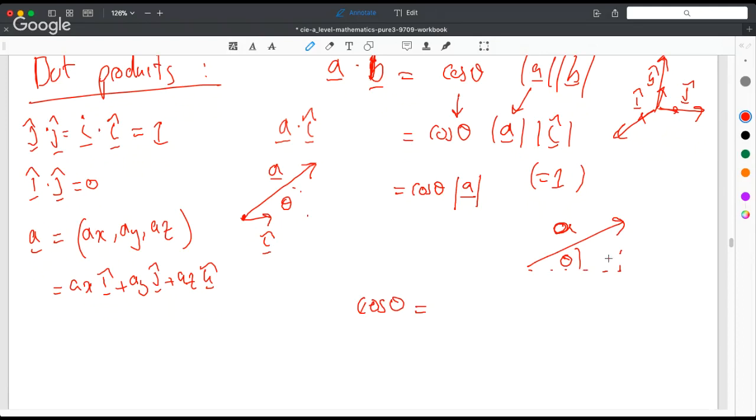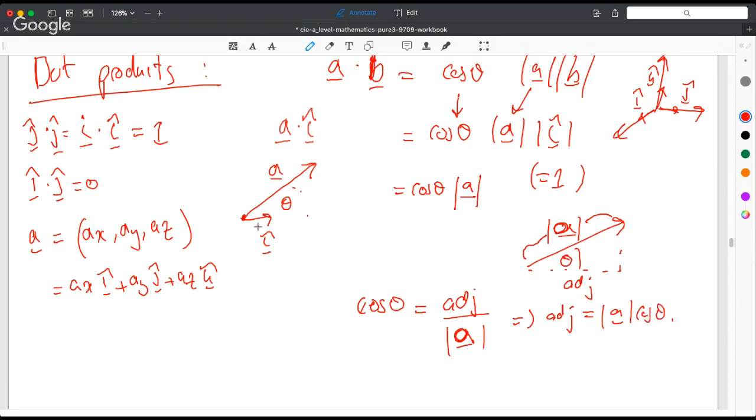So we'll write down adj for adjacent, and divide by the hypotenuse. The length of the vector A is the modulus of A. So cosine theta is the adjacent divided by the modulus of this vector, which is the length of this line, which means that the adjacent side is A cosine theta.